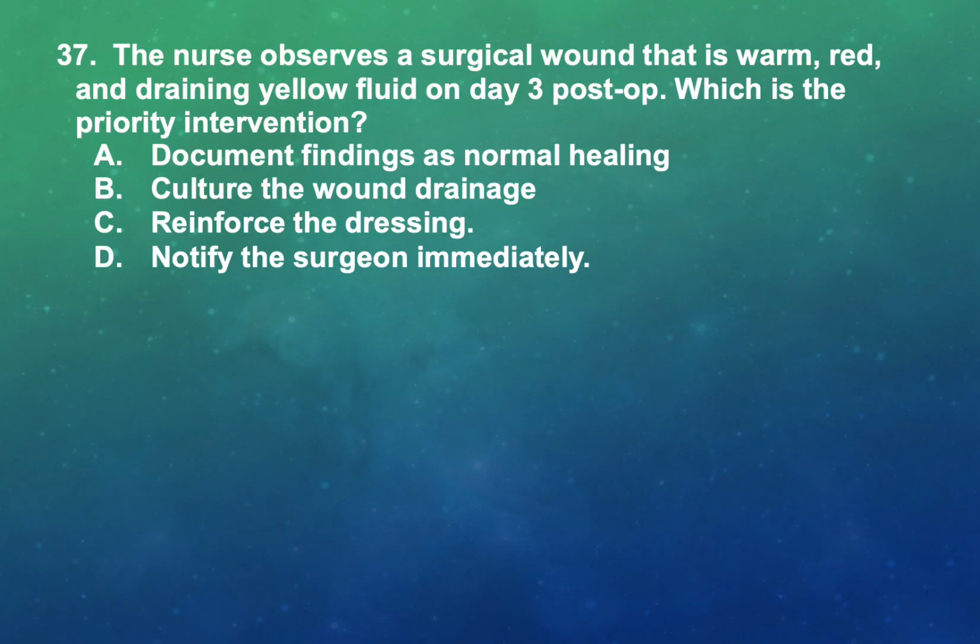A surgical wound that is warm, erythematous, and draining purulent yellow fluid on post-operative day 3 shows classic signs of a localized surgical site infection. It is also important to make sure the patient is in an environment conducive for healing. So in that case, the answer for number 37 is B.